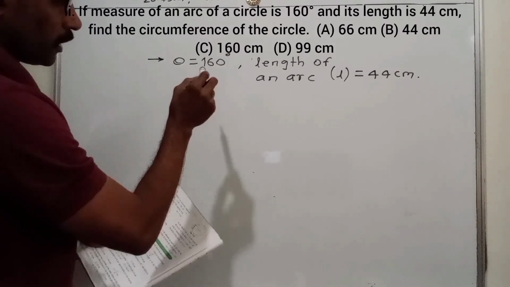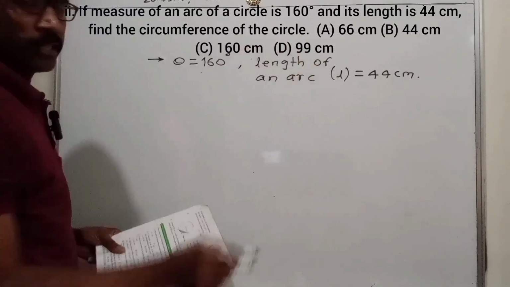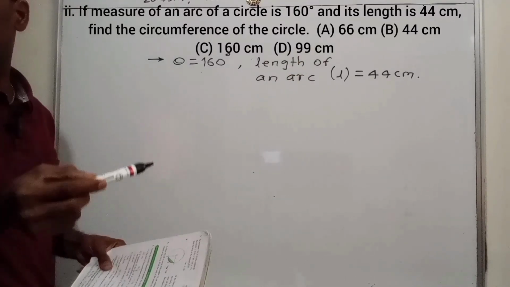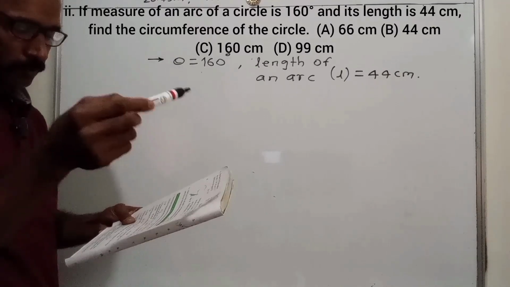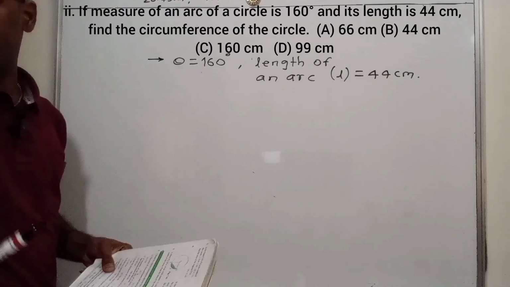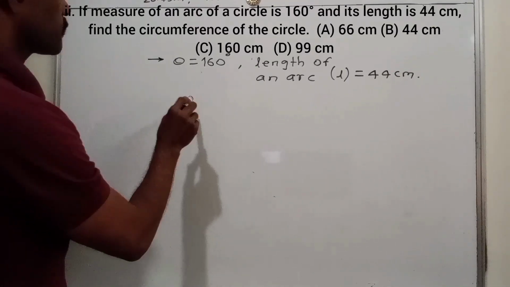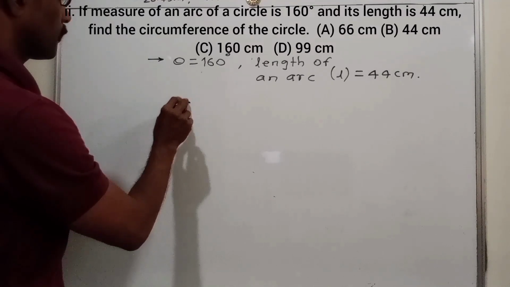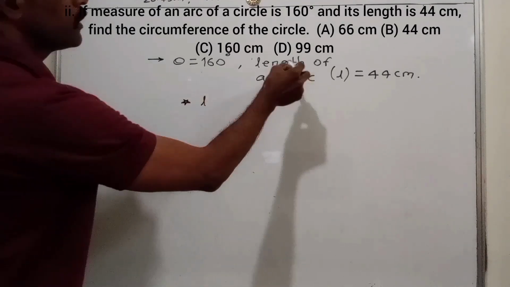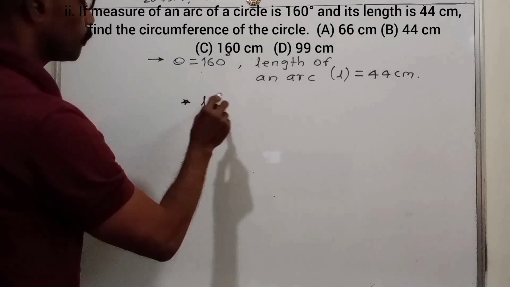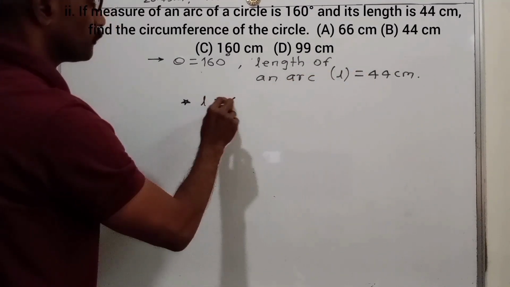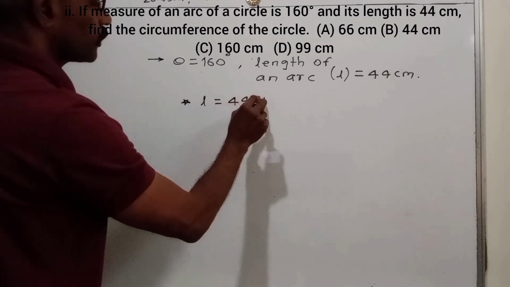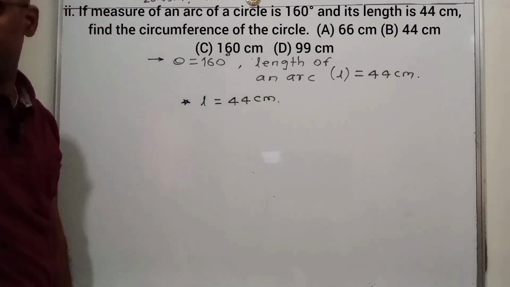Okay. Now see this. Length is given. With the help of length, first of all, we will find radius. Okay, see this. Length of an arc L is equal to 44 centimeter.